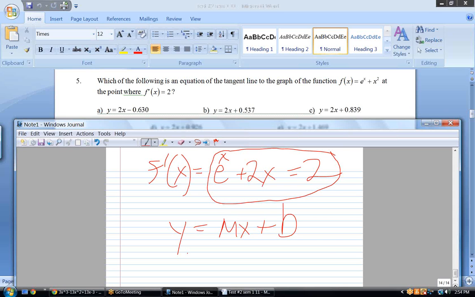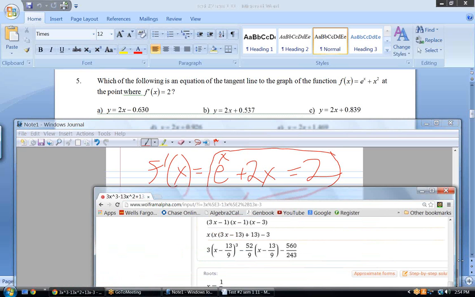So e to the x plus 2x is the derivative function, and they're saying that it's equal to 2 at some point of x. Well, we have to solve this function for x. Then we'll be able to solve for b.